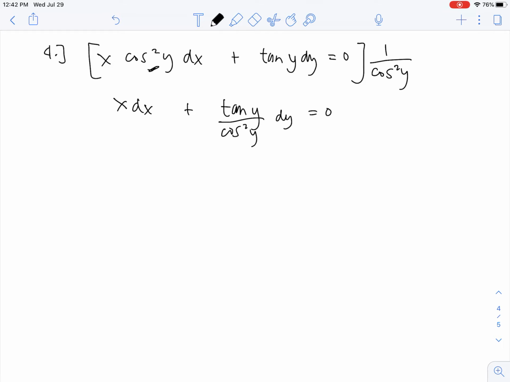Okay, so now they are separated. We can integrate this, and then also this. So the integral of this is very simple, but the integral of this also simple, pero natay gamitan na to og trigonometric identities.